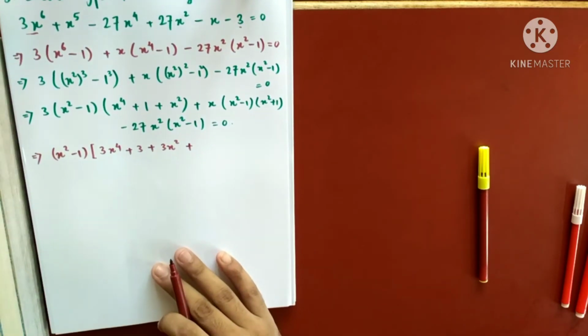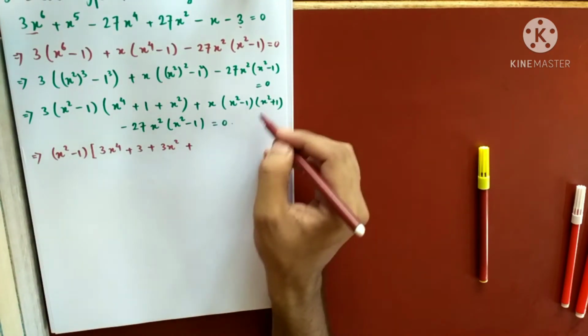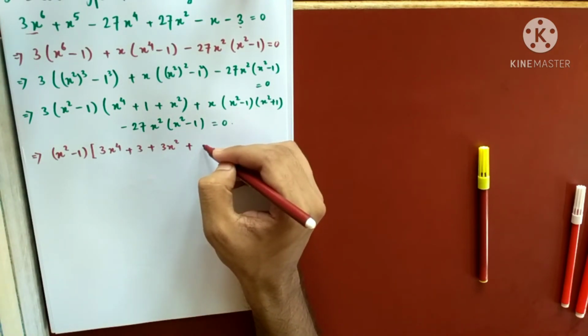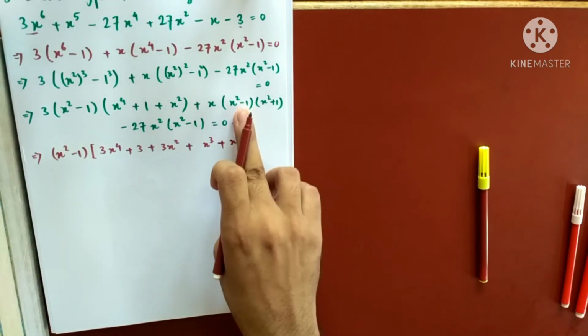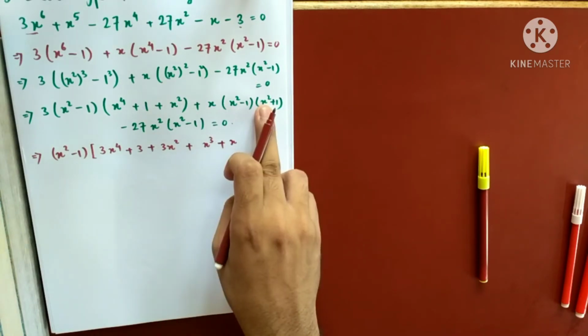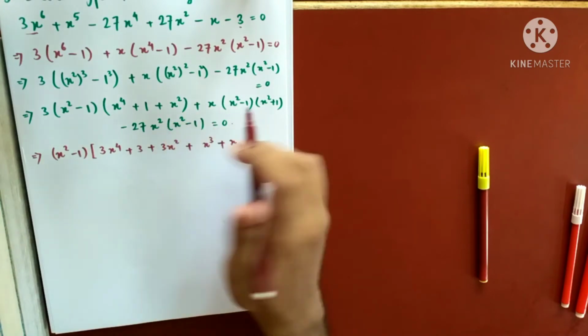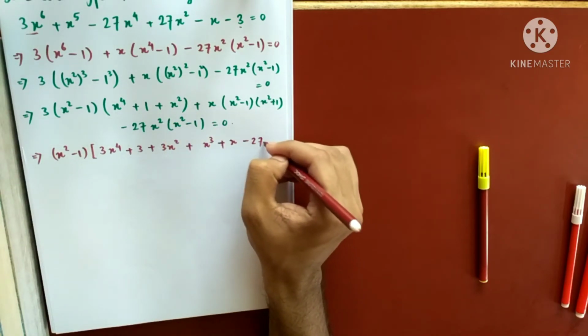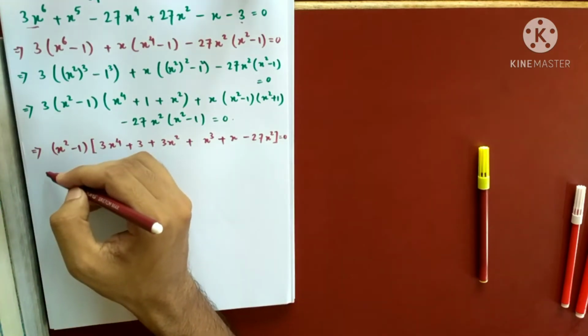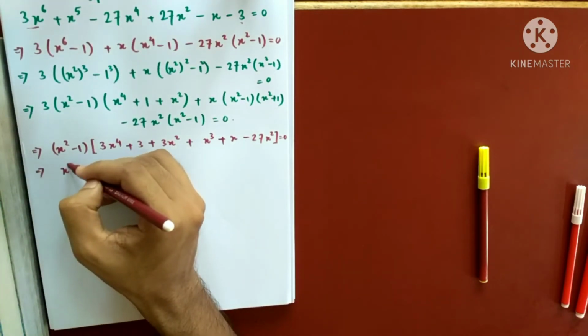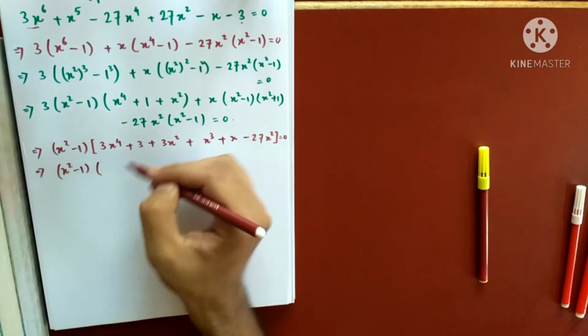From here, x square minus 1 is also common, so x into this quantity, that is x cube plus x. And from here, x square minus 1 has been taken common, minus 27x square equals 0. What am I getting? x square minus 1. What is this?